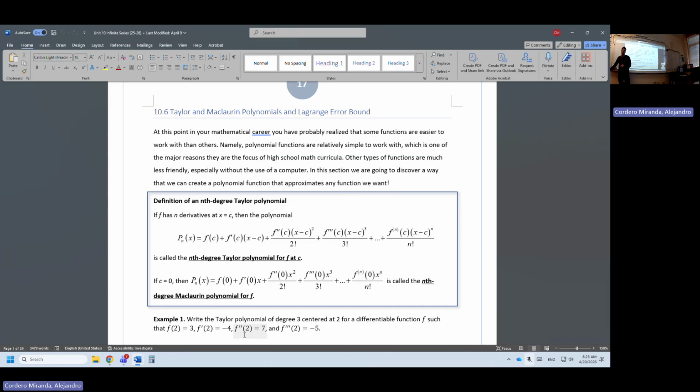Oh, the people in the video can't see, sorry. But I wrote 2 functions on the board. It's an e to the x function and a polynomial function. And now let me ask you guys, if you had no calculator, which one would you rather plug the number 2 into? Yeah, for sure the polynomial one, g of x.